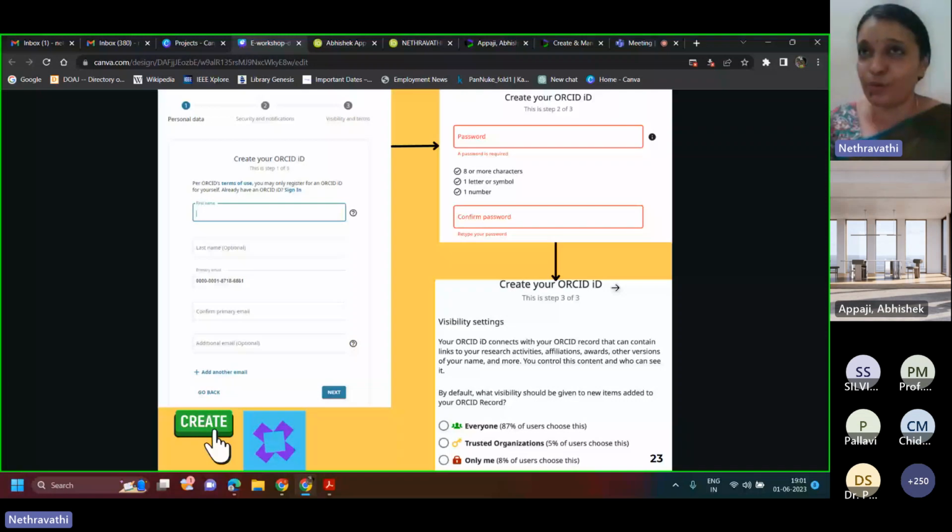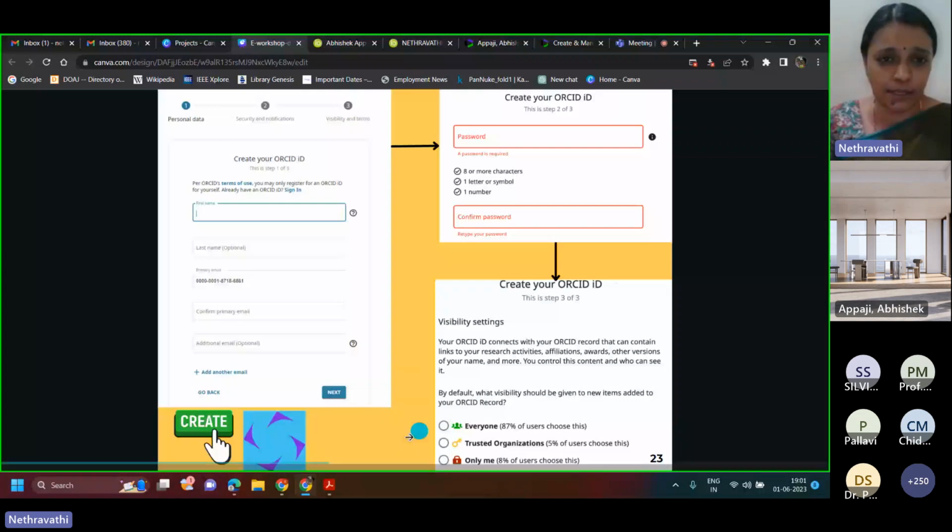I wanted to show you a demonstration of how to create an ORCID ID, but unfortunately I couldn't, because I already have one, and on this laptop, when I try to register as a new user, it is not working. So I put in screenshots. It's very user friendly, and you can see it's very simple to create. There's nothing like rocket science here.